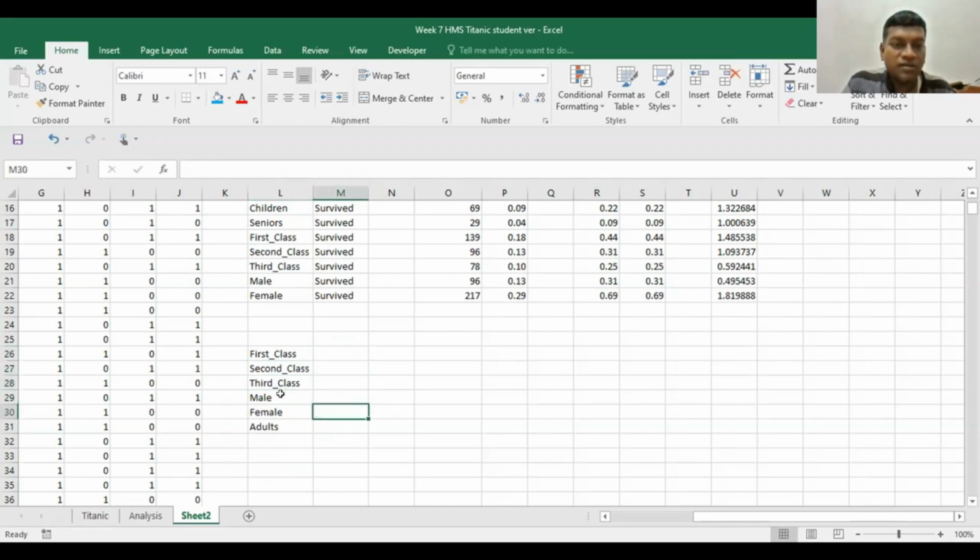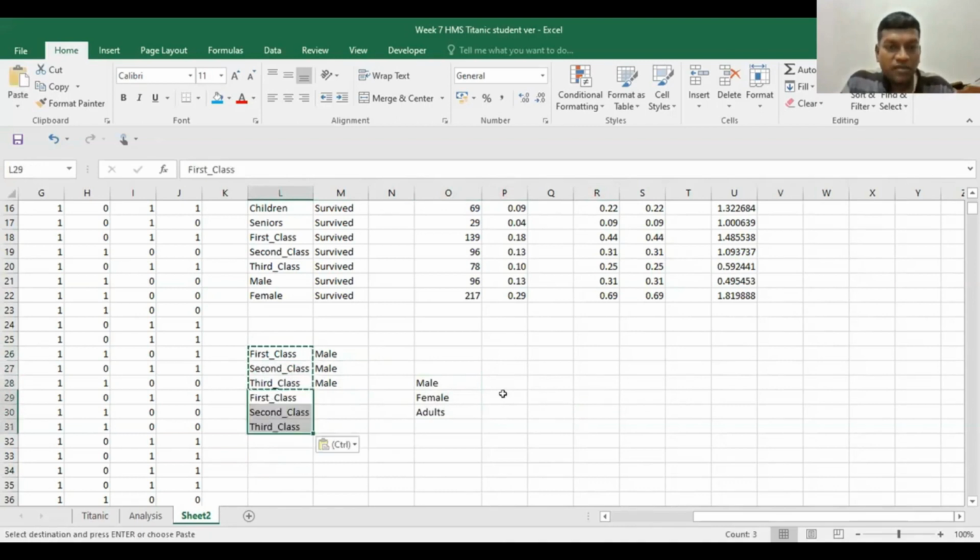And let's look at males. Control X, Control C, Control V.